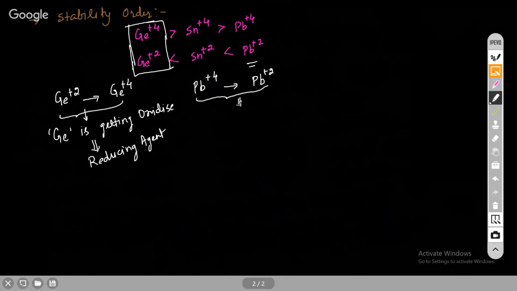And lead, Pb, is getting reduced. So we call it what? Getting reduced, so it is an oxidizing agent. Oxidizing agent. Okay.